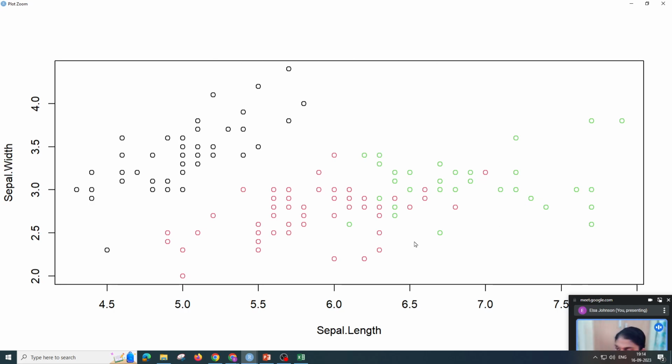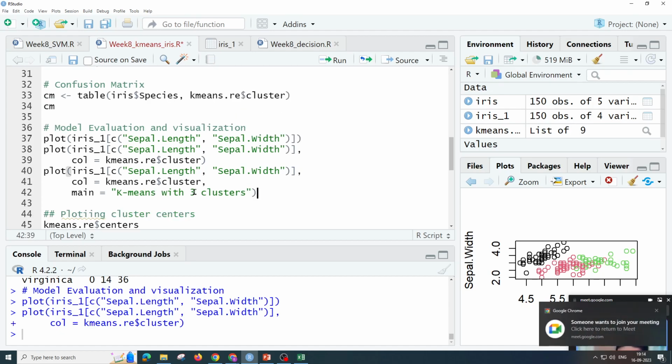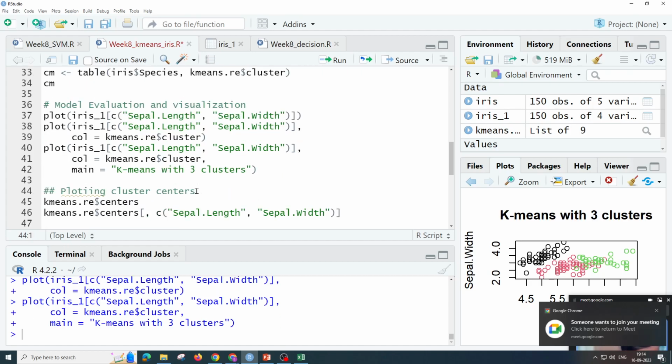This is the distribution. So we have seen the distribution and how it has been clustered. Now we want to know where the different cluster centers are. So in the same plot, we'll plot the same thing and then see the centers.